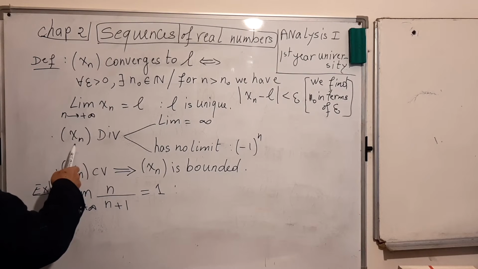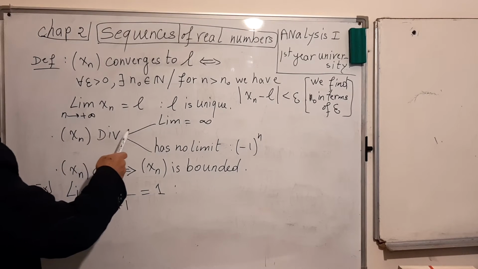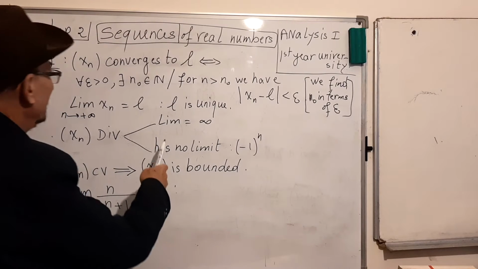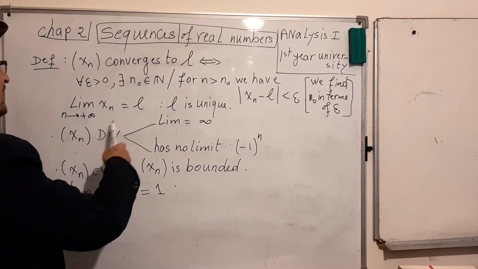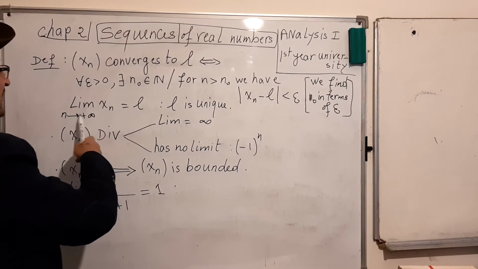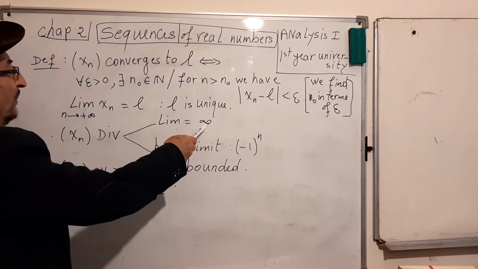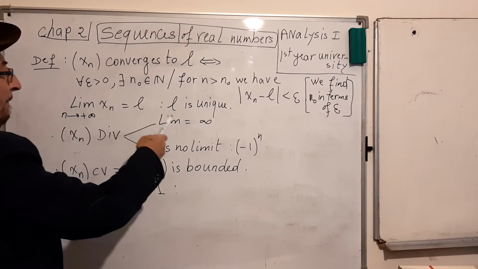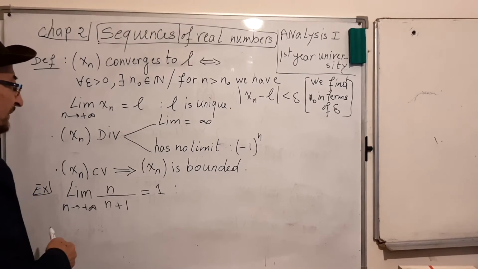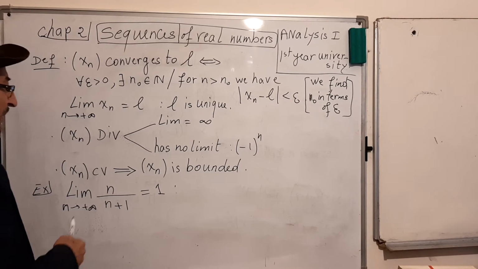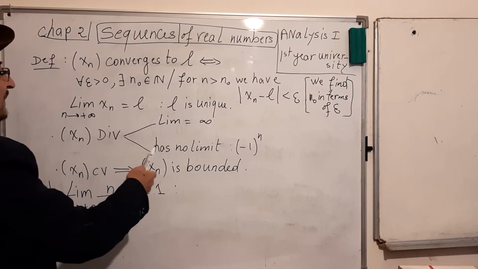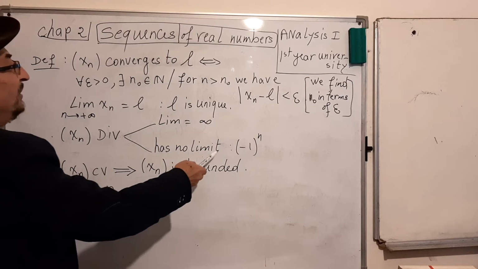The sequence xn is divergent in two cases. First, if the limit of xn as n tends to plus infinity equal infinity, L is infinity, we say that xn is divergent. Or xn has no limit.